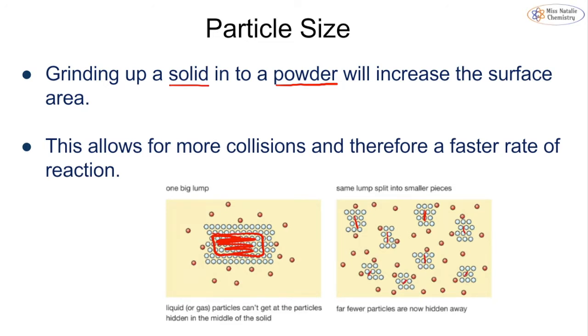You can see there is very little that will actually not react here. So this allows for more frequent, successful collisions. And when we have more frequent successful collisions, we get a faster rate of reaction.